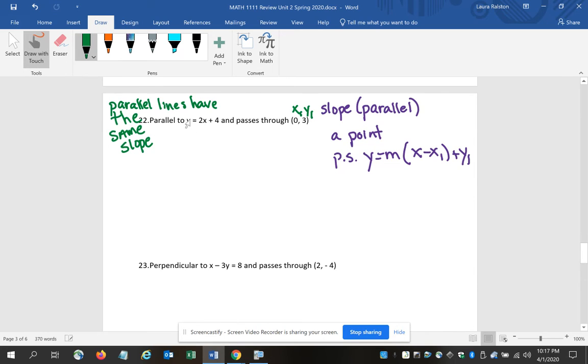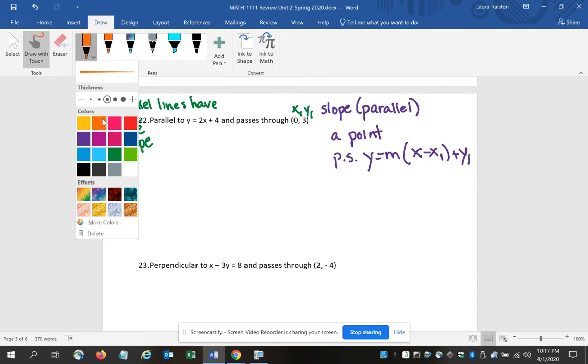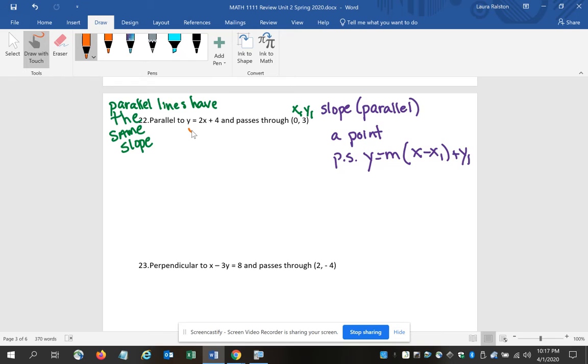So if I look at the line that I'm given, y equals 2x plus 4, which is in our format, y equals mx plus b, I realize that my slope that I'm given is 2. So the slope that I need to use to create this parallel line is also going to be 2.